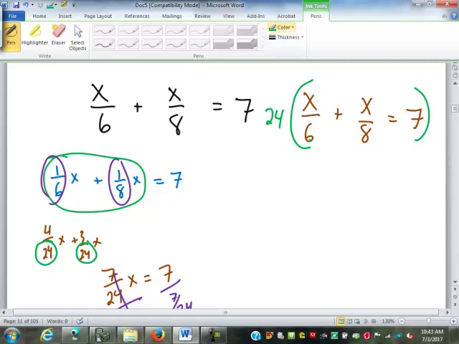So I could multiply this whole equation by 24. 24 times x over 6. Well, 24 over 1 times x over 6. The 6 and 24 cross cancel, give me 1 and 4. So 4 times x, it's just 4x.